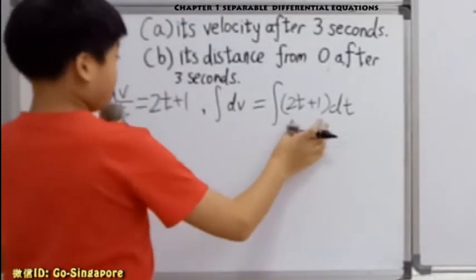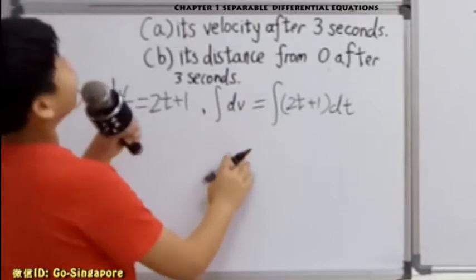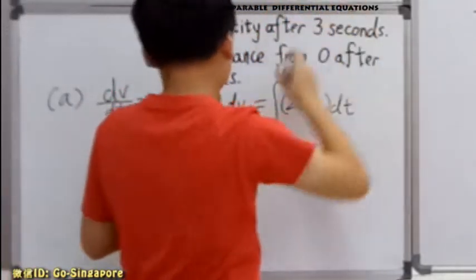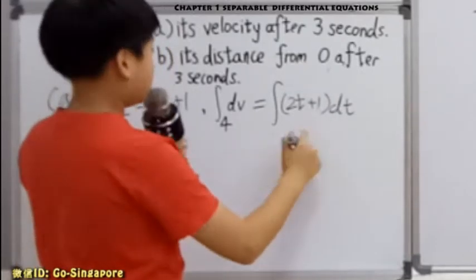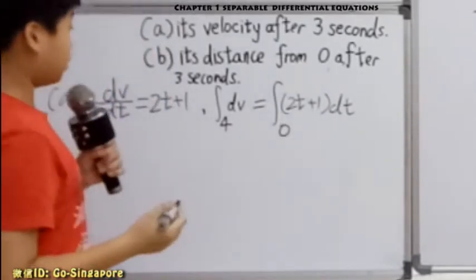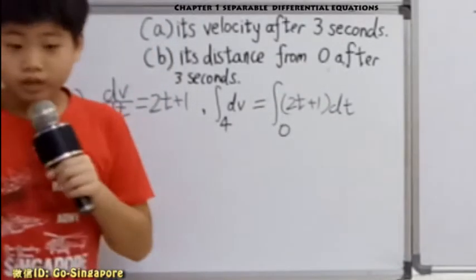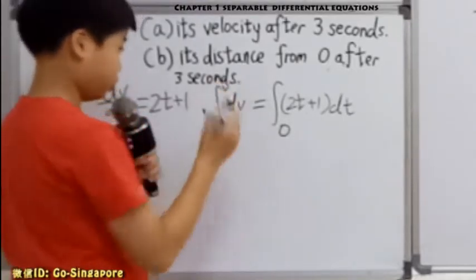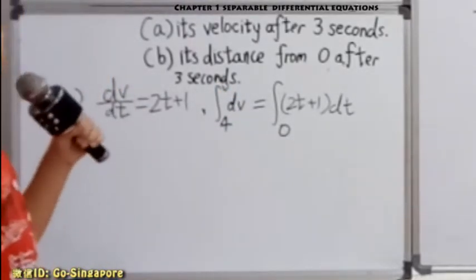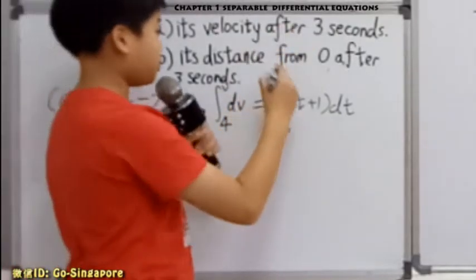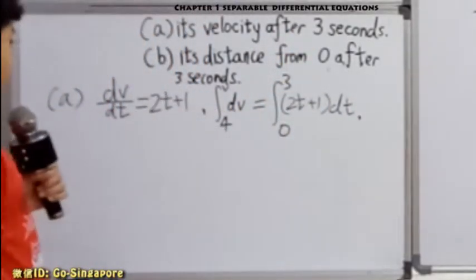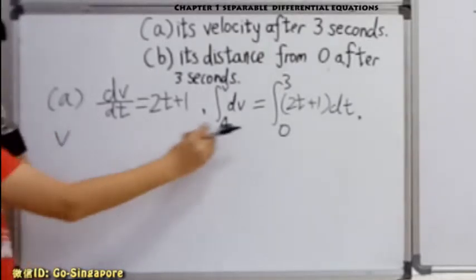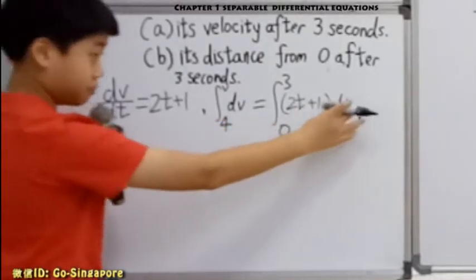For this v, here it says that v starts from 4, and the time t starts from 0. When does v end? We don't know. The t we already know is 3 seconds. So here is our v. Minus 4 becomes plus 4 over here.